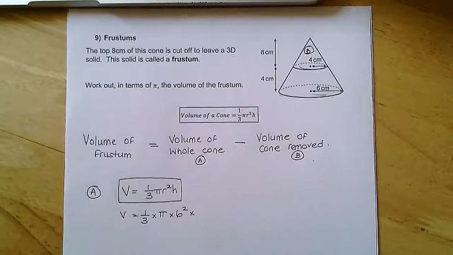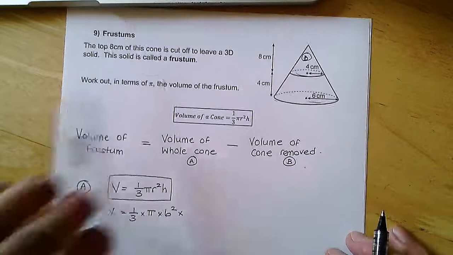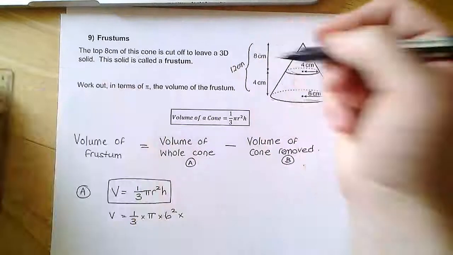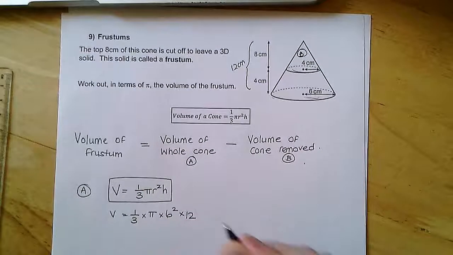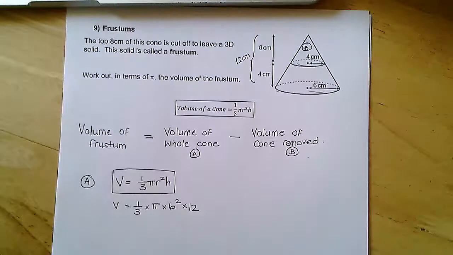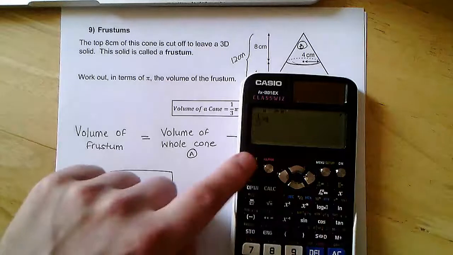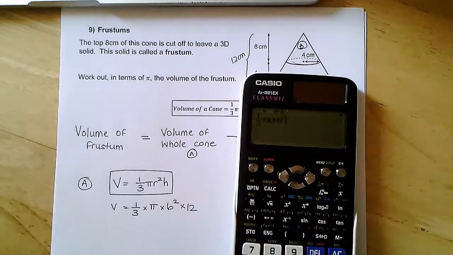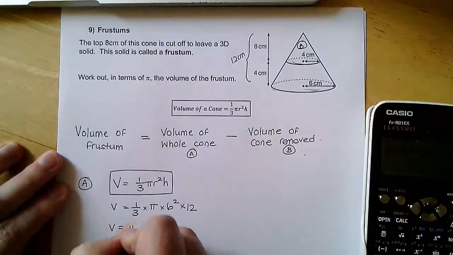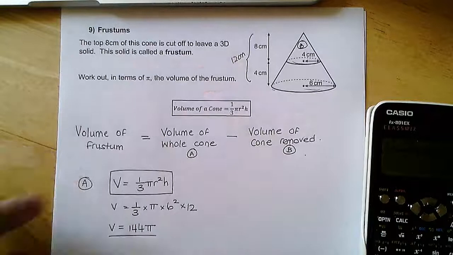Now the height is again of the whole cone. So the total height is 12 centimetres. We're told to give our answer in terms of pi. A third multiplied by pi multiplied by 6 squared multiplied by 12 is 144 pi. So that's the volume of the whole thing.